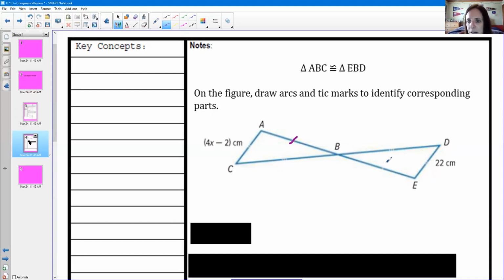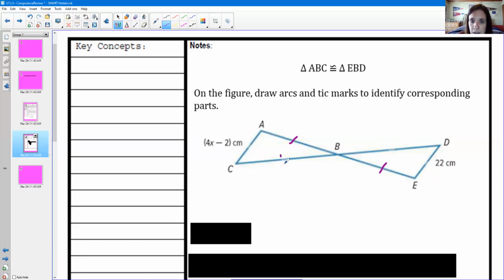It's EB down here. So triangle CAB has rotated on point B 180 degrees. If you can picture that flip, then this becomes AB.